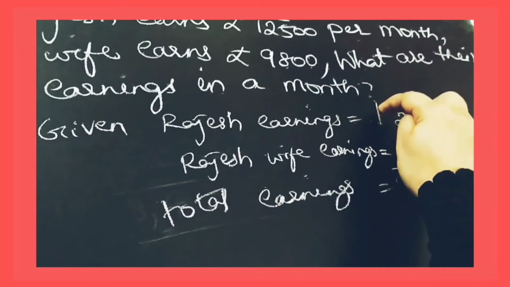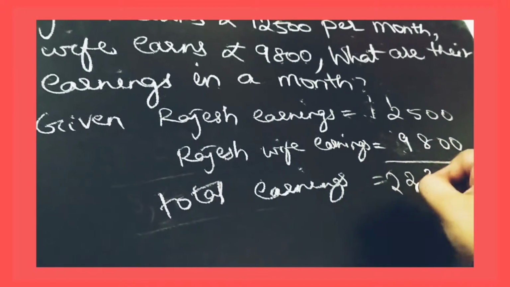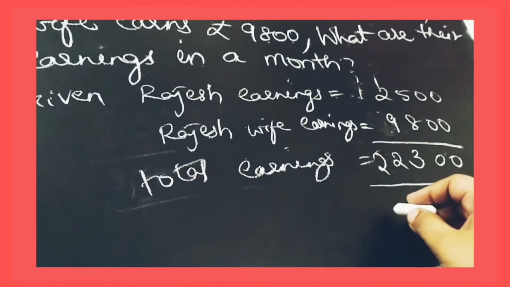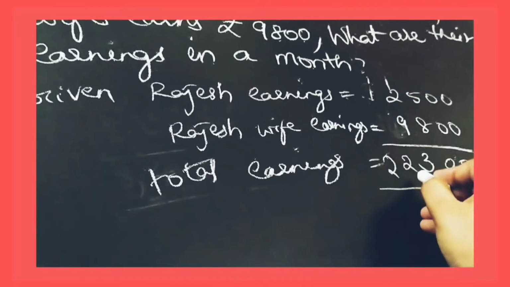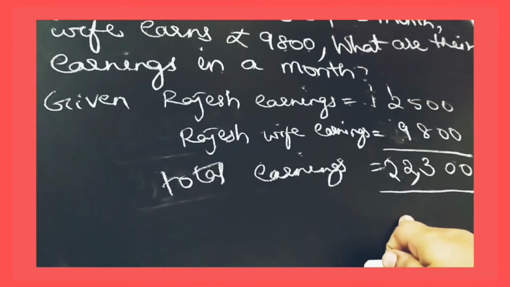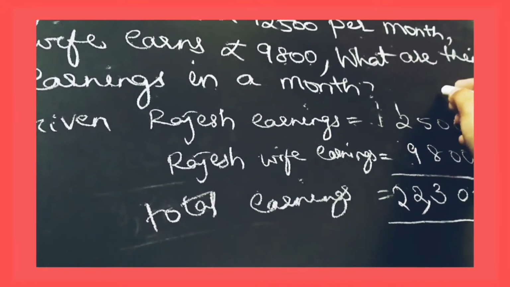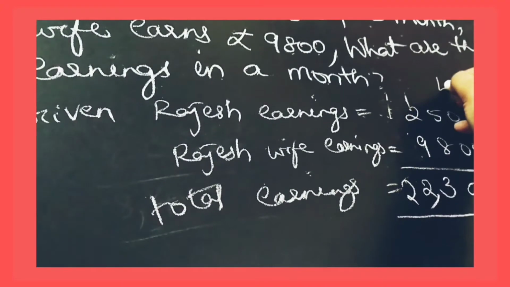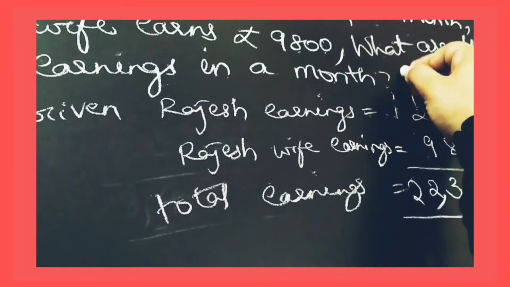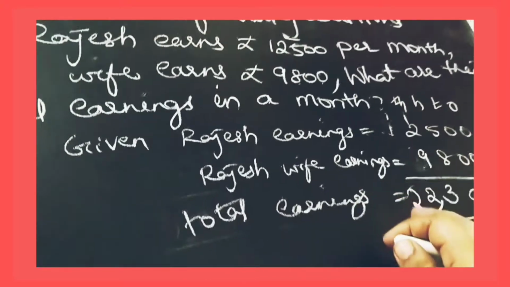Okay, so 1 plus 1, it is 2. So it is 22,300. Okay, total earning is 22,300. If you want, you can write ones, tens, 100, 1000 here. Otherwise you can do it like this also.